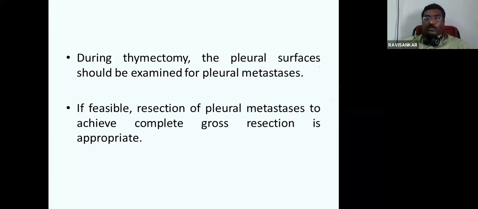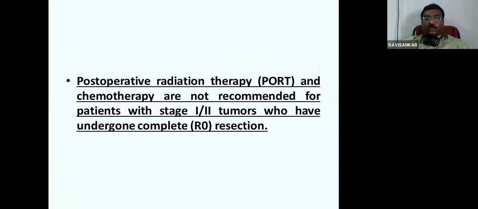Always search the pleural surfaces to find whether there is any pleural metastasis. If feasible, resection of pleural metastasis to achieve complete resection is needed. Postoperative radiation therapy is not recommended for stage 1 or 2 tumors.